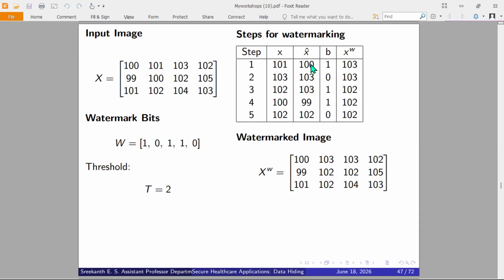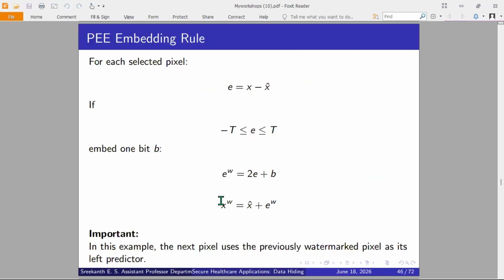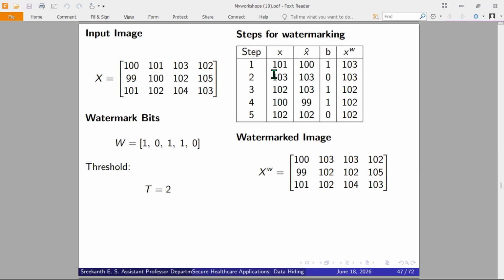So this is the initial value of x, and this is the predicted value. This is the error. We add the error value as 2e plus 1; 2 into 1 plus 1, that is 3, will be added to x bar, according to this equation, x bar plus 3. This is the marked value, and we get the watermarked x as 103.